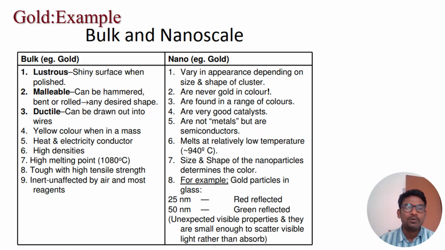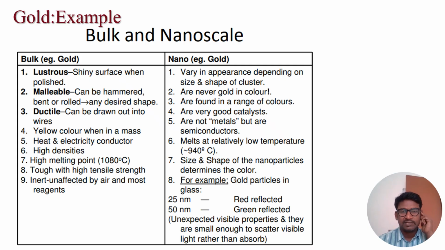And the bulk gold is ductile in nature. It means it can be drawn into wires, and typically it is yellow in color when you see it as a bulk mass, with very high density, and it is an electrical conductor, and it has a high melting point, which is like 1080 degrees Celsius, and very high tensile strength, and is unaffected by air and most reagents.